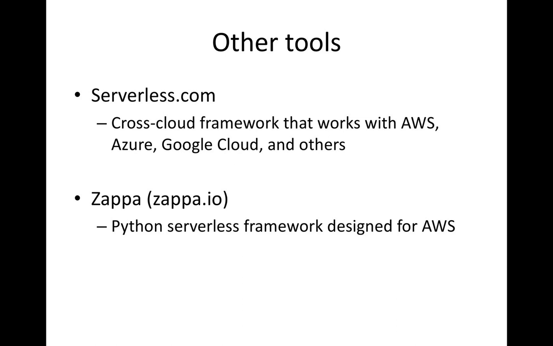This is a Python-based serverless framework that's designed specifically for deploying AWS serverless applications. And these can be really wonderful tools if you really want to focus on building out your application and quickly deploying a new serverless application and you're accustomed to working within frameworks, then either one of these tools might be an excellent choice for you.